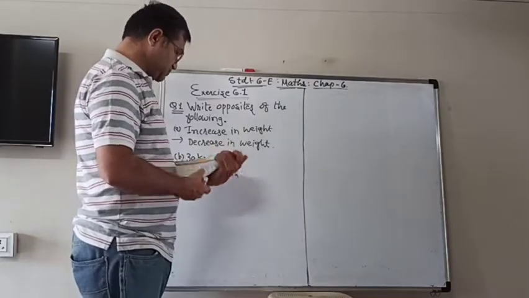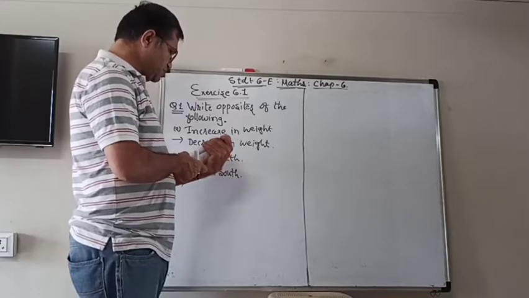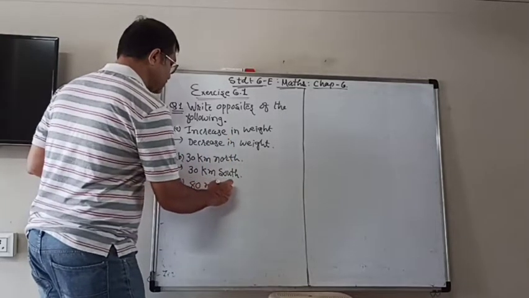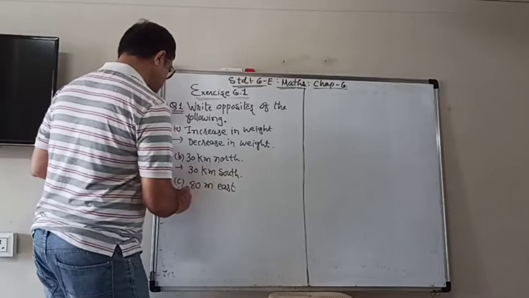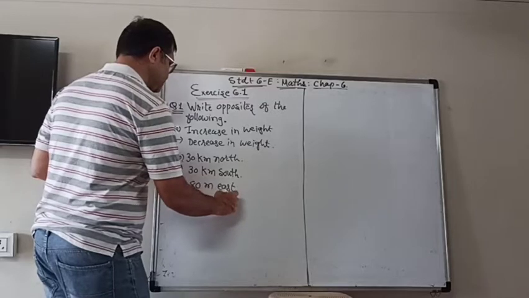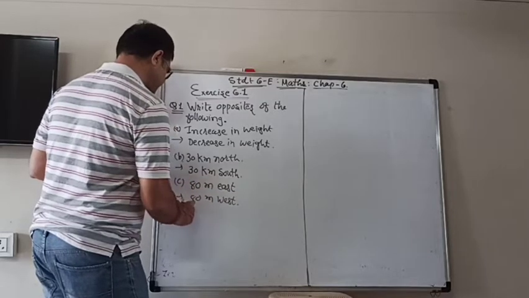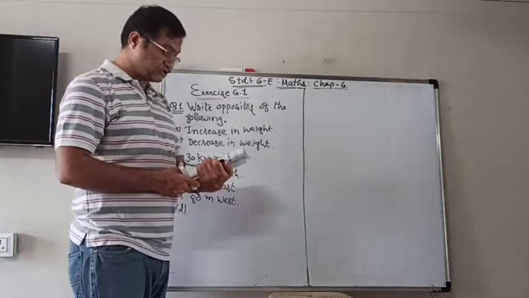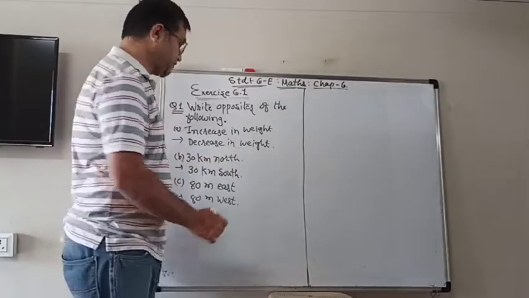C is 80 meter east. So if you go opposite, it will be 80 meter west. D is loss of rupees 700.